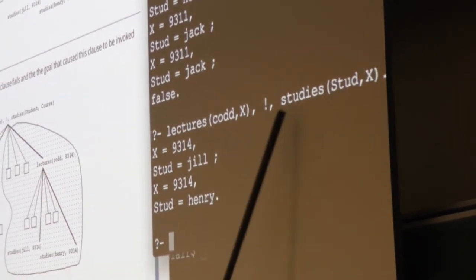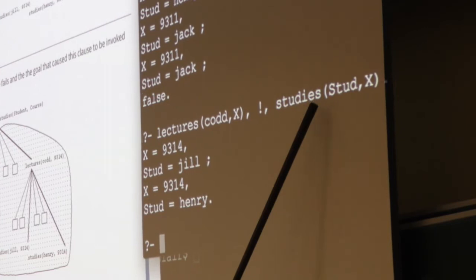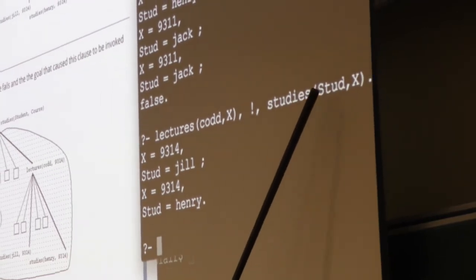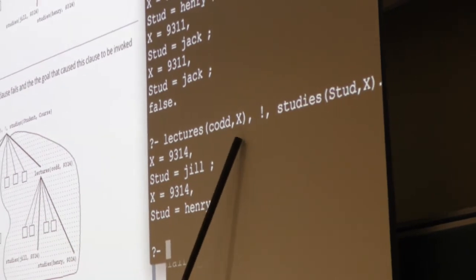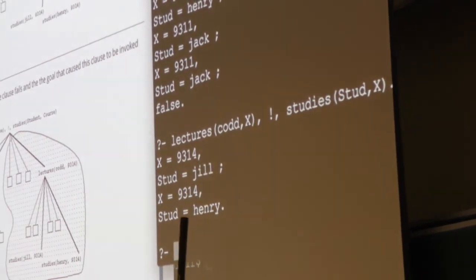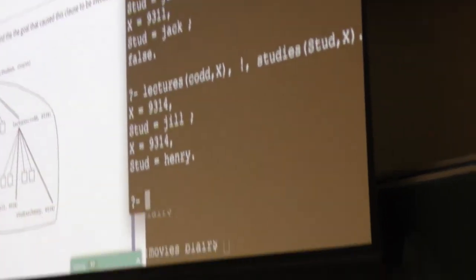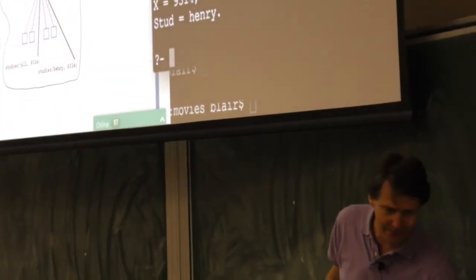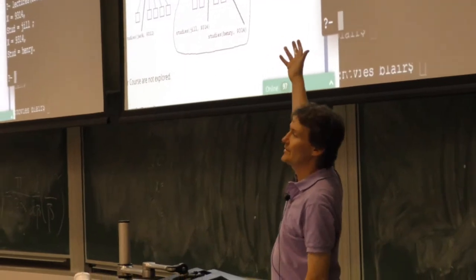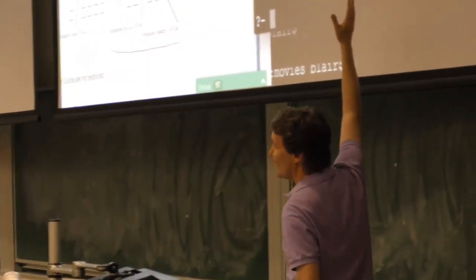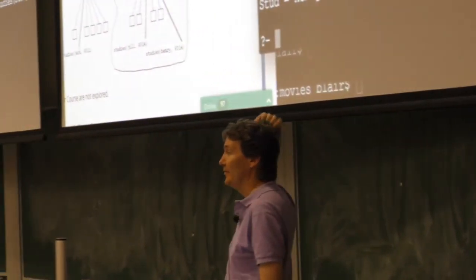Because the student appears on this side of the cut, it's allowed to try multiple values for student, but it's not allowed to try any other value for X because X occurred before the cut. So the cut is a little bit confusing, but that's the way it works. Anything on the left side of the cut is fixed, but for things that only occur on the right side of the cut, you can still try multiple values.